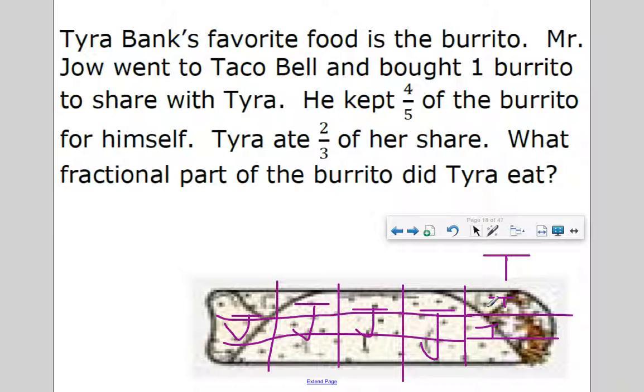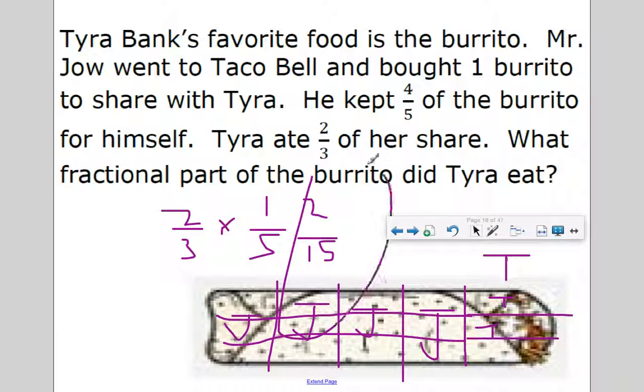So she ate 2/3 of her share. Tyra is left with 1/5 of the burrito. She ate 2/3 of her fifth. So that's 2/15 is the answer. So she ate only 2/15 of the burrito.